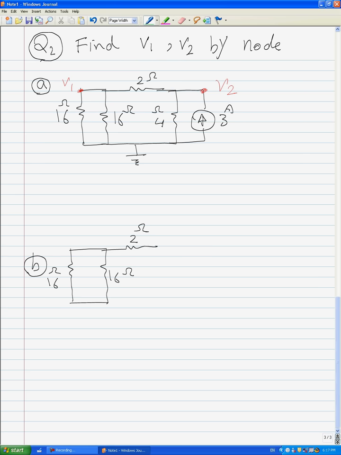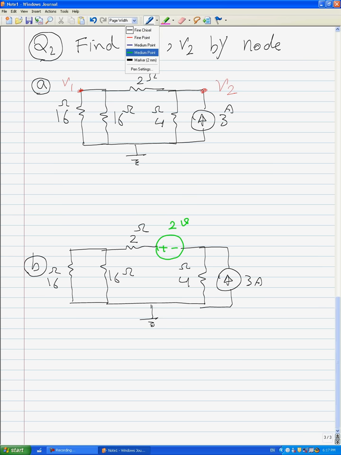Only here we are adding 2 volts, and again here we have 4 ohms, and here we have 3 amps, and here we have the reference node, and V1 is here and V2 is here.